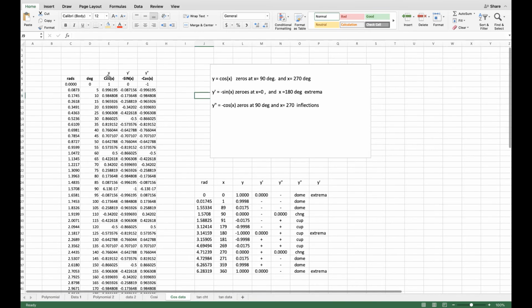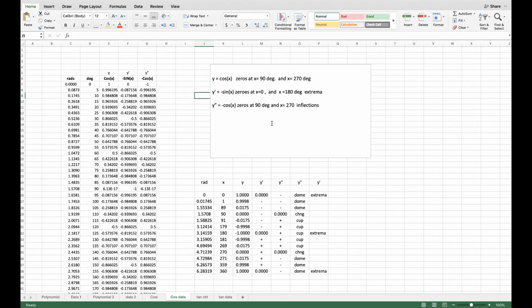And so I have the function y, the derivative of the cosine function y prime, and y double prime, the second derivative of the cosine function. As you can see here, the cosine function, its derivative is the negative sine function, and then the second derivative is the negative cosine function.